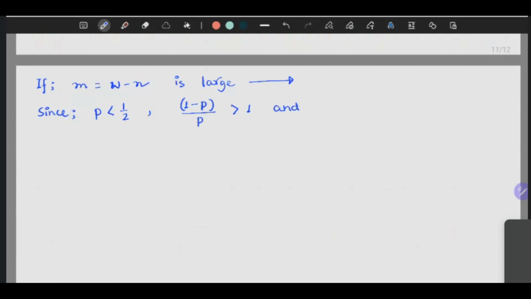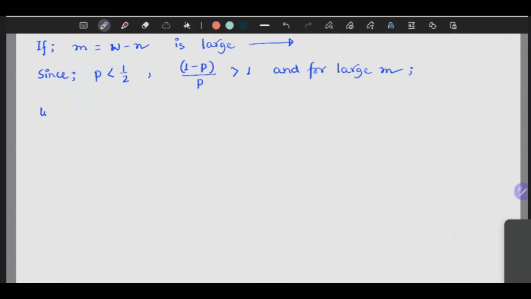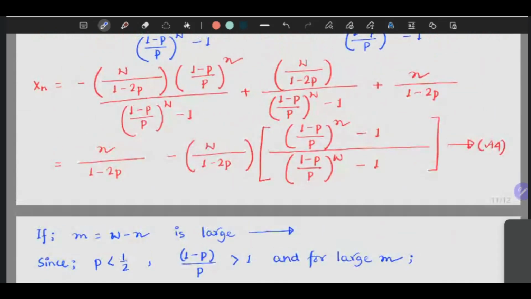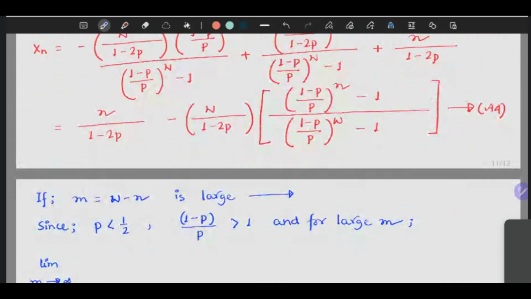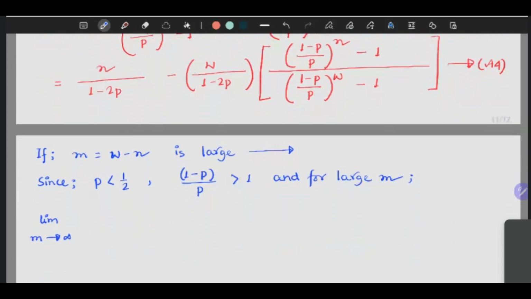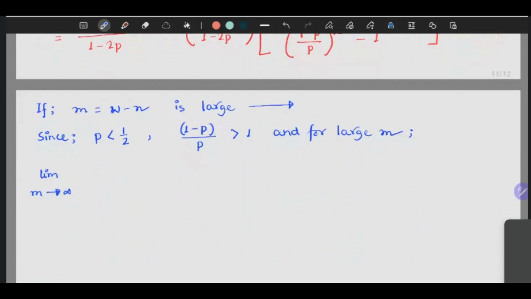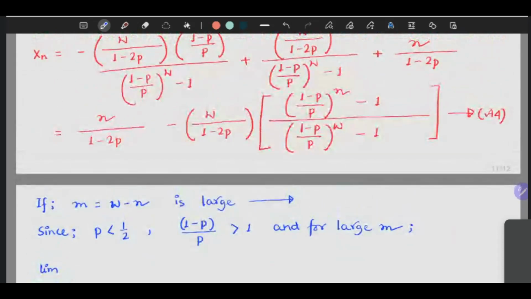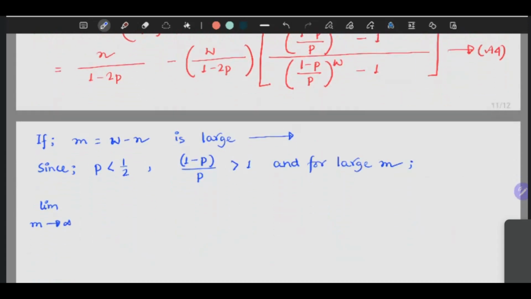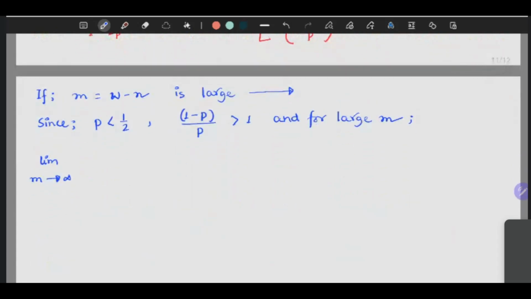And for large m, in the limit m tends to infinity, you can sort of get this thing. For large m tending to infinity, then it becomes this. I am talking about this term.